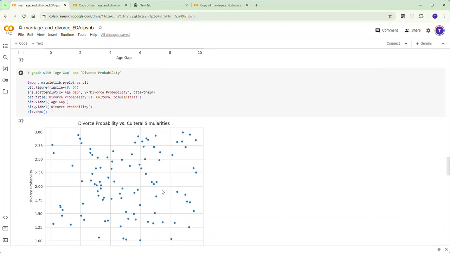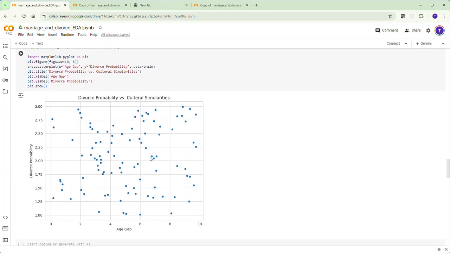I did the same for divorce probability and cultural similarities, where you can see it's a little bit more spaced out. And again, with the cultural similarities, the higher the similarities, it looks like there are fewer points of divorce probability versus where you have fewer cultural similarities.